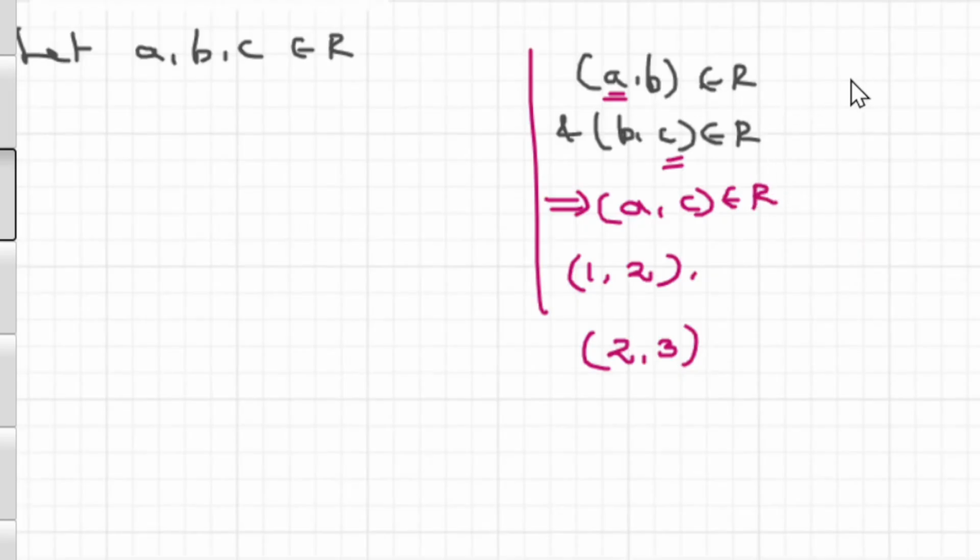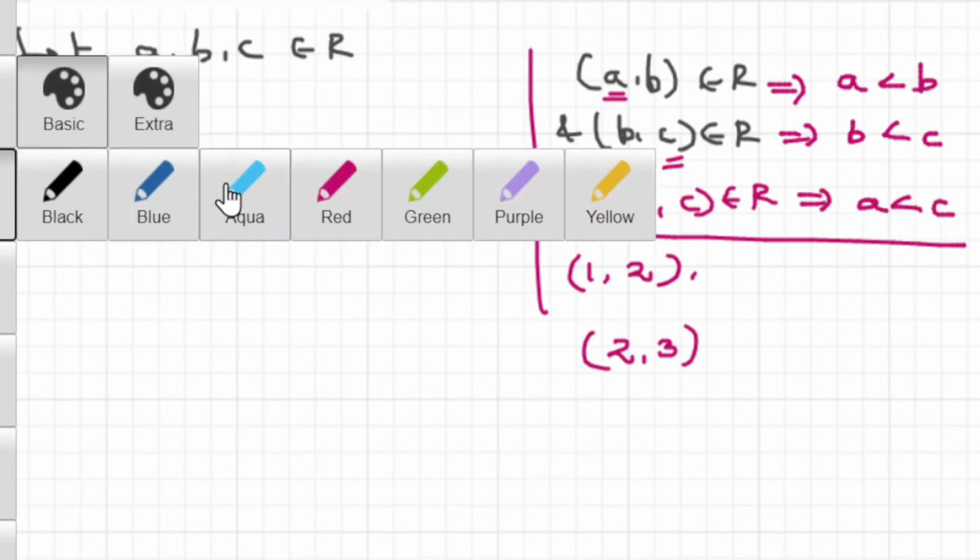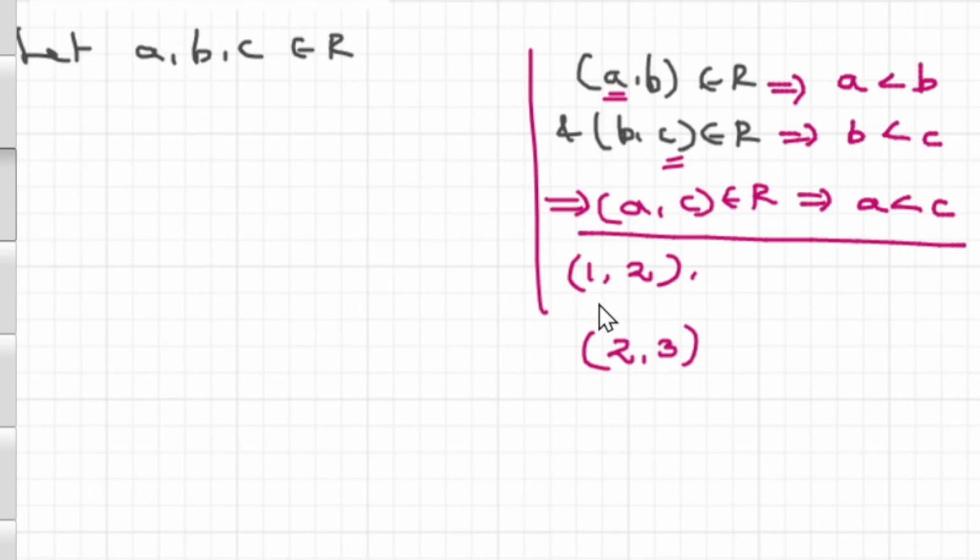Here we know that a is less than b and b is less than c, and we want to prove a is less than c. So look at this example. For the first one, 1 is less than 2.